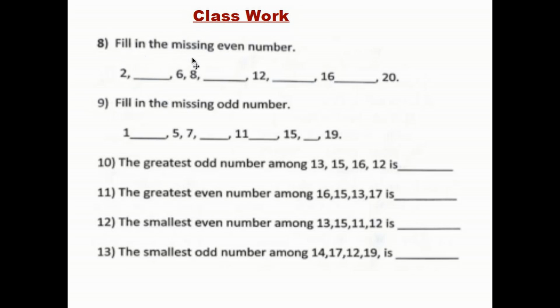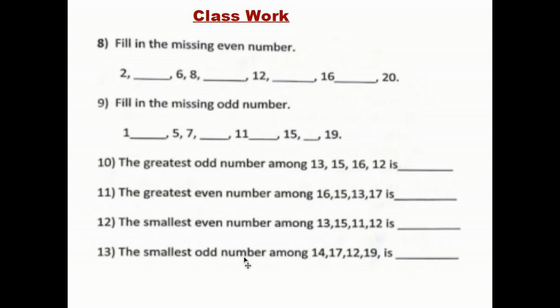The first one says: fill in the missing even numbers. You are given even numbers, and you complete the missing numbers. Number 9: fill in the missing odd numbers. You have odd numbers here, and there are some missing numbers. And here, number 10: the greatest odd number among these, the greatest even number, the smallest even number, and the smallest odd number among these 4 numbers.